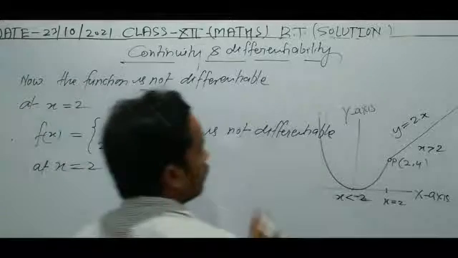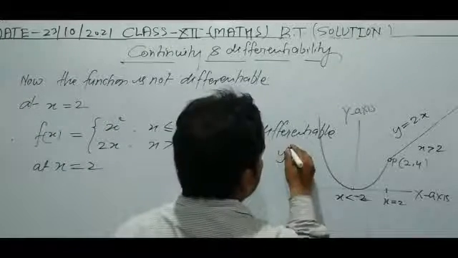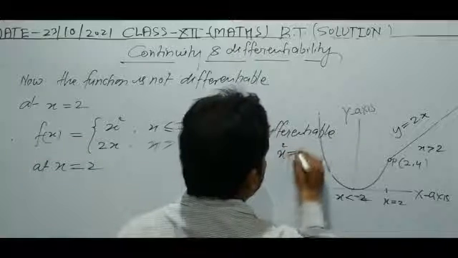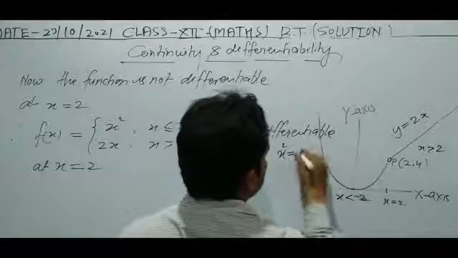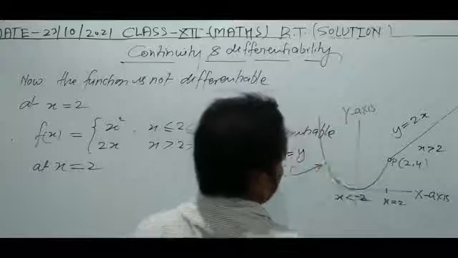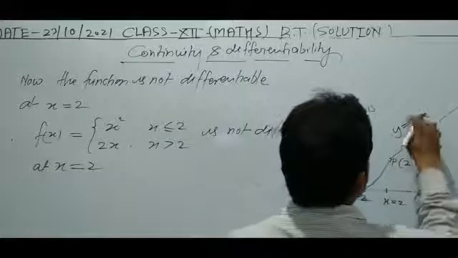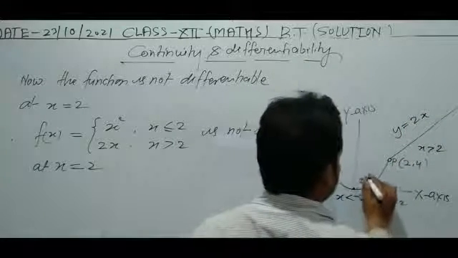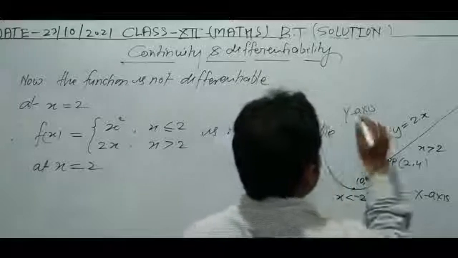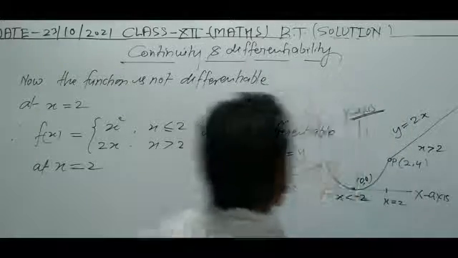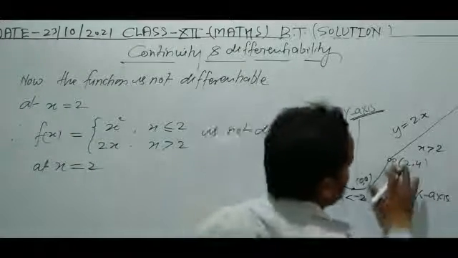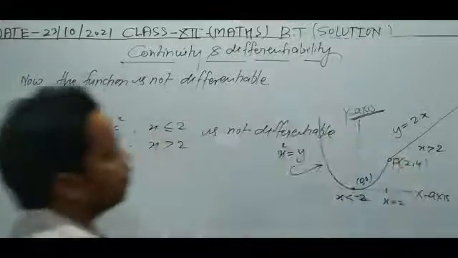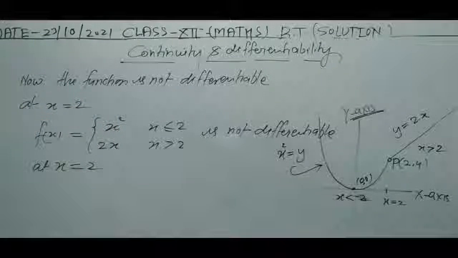For this figure, this is the equation x square equal to 4y or x square equal to y, and this equation is y equal to 2x. This is the intersection of axes, that is the origin. This is the y-axis, and the function breaks at x equal to 2, where the point P has coordinates (2, 4). Now the function is not differentiable.